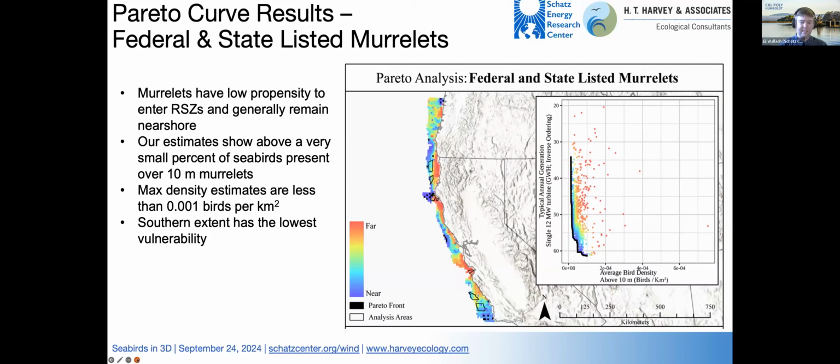We can also see that the magnitude of bird density estimates is very low, below 1,000th of a bird per square kilometer, or about 1 bird in 1,000 square kilometers. This is in part due to the scarce nature of these protected murrelets, but also reflects the fact that these murrelets are not likely to fly above 10 meters in any wind condition.